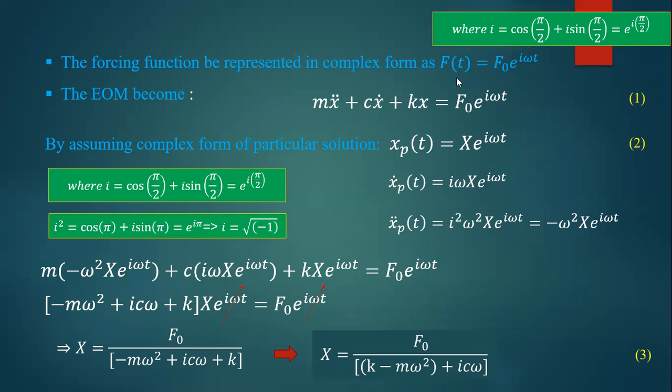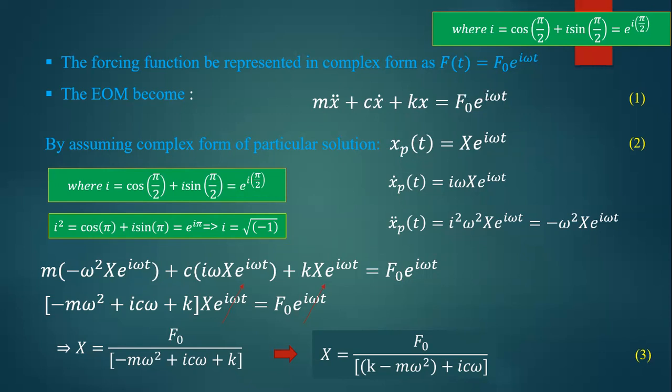Our forcing function f of t is equal to this, and we have the viscous damping coefficient c, the mass m, and the elastic constant k, that is stiffness. This is the general form of the equation in this case.